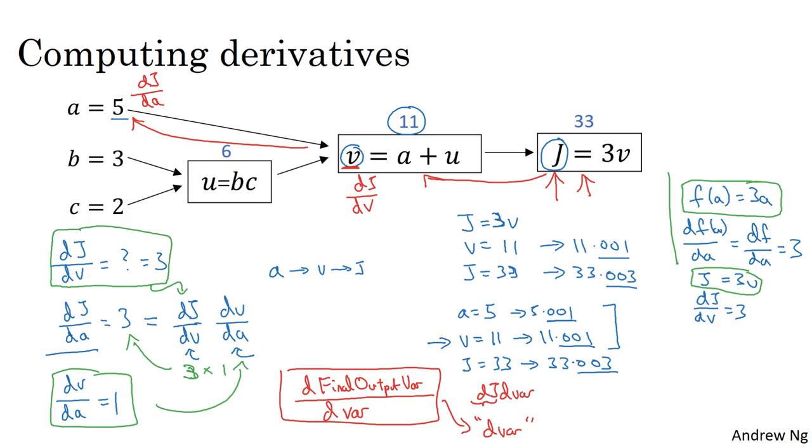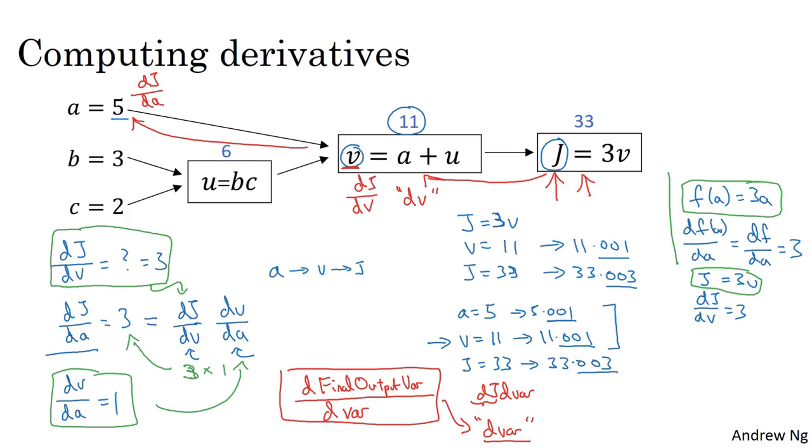Okay, so dvar in the code you write will represent the derivative of the final output variable you care about, such as J, or sometimes the loss L, with respect to the various intermediate quantities you're computing in your code. So in your code, you use dv to denote this value.